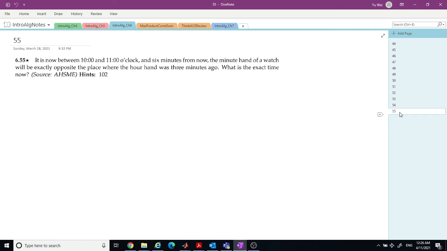Next, this is a geometry problem. It's not really that hard, but you need to understand some basics. On the clock face, the 12 hours correspond to 360 degrees, so 1 hour is 30 degrees.